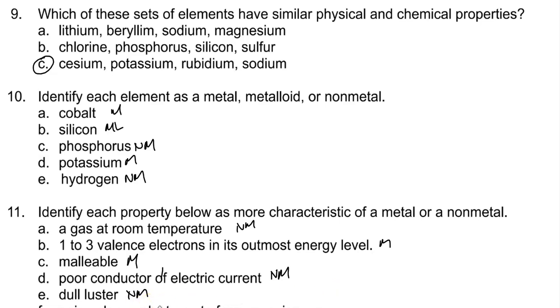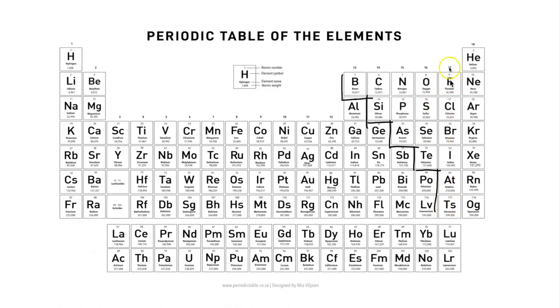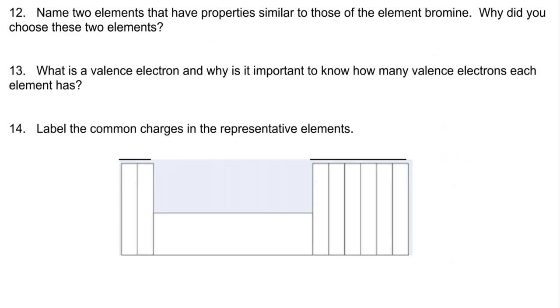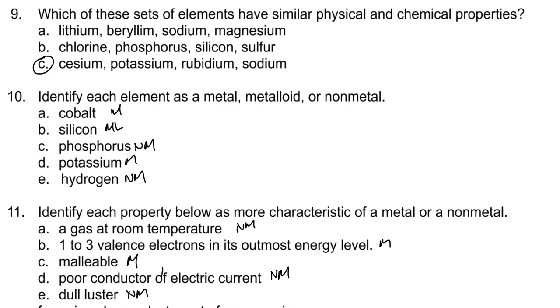I guess it kind of cut off on the screen. I can't get it to move, but it says gain valence electrons to form anions. So an anion is a negative ion. So if you look at that, these are the ones that form negative ions, -1, -2, -3. So the anions, that's going to be nonmetallic.